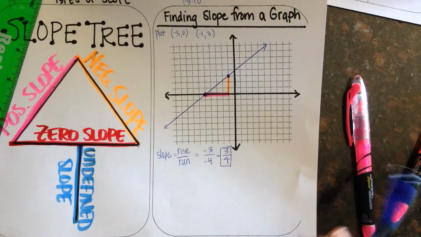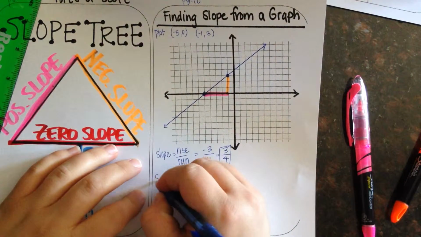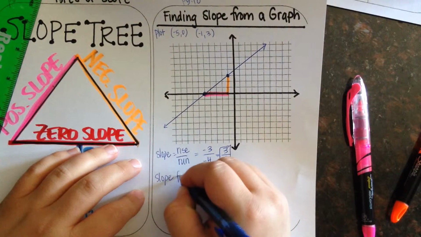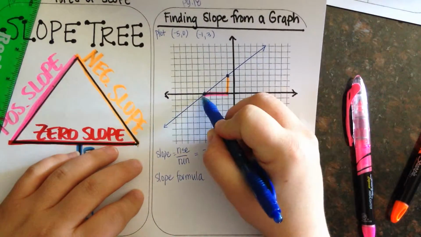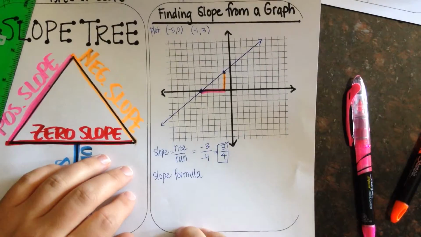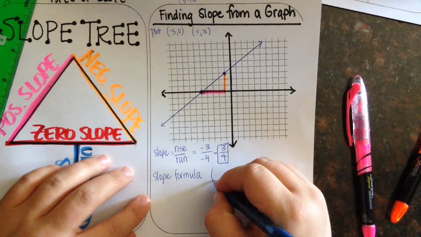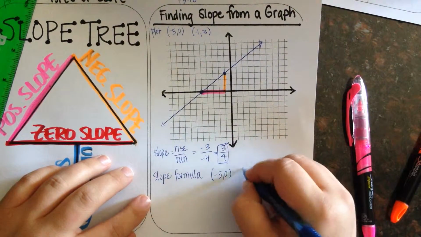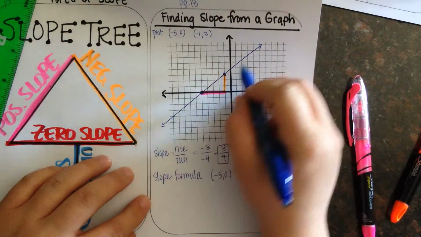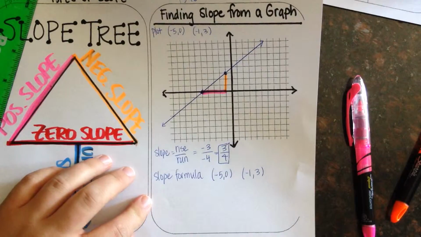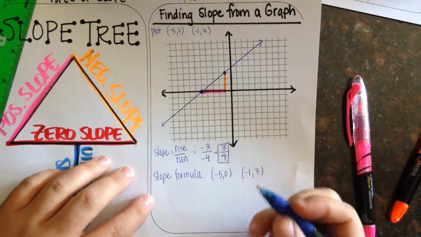Okay. The other way you can do it is use the slope formula. Since we know the coordinate pairs of these two, (-5, 0) and (-1, 3), or we can even pick out a new point where it crosses, that's fine. Most of the graphs may have little dots already on there.